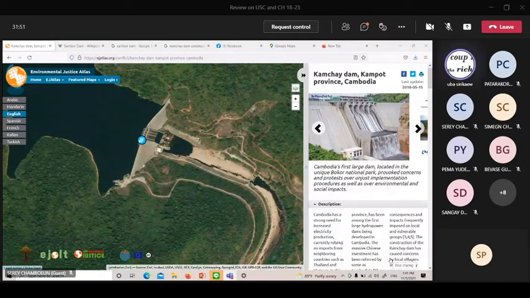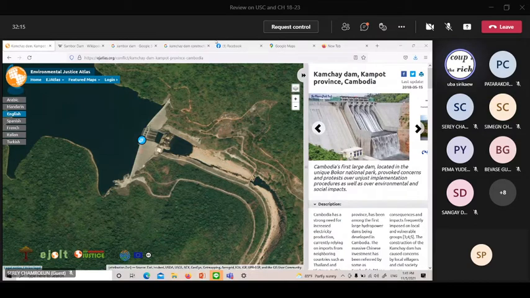Do you know the name of the dam that your friend showed you? Yes, I know, teacher. Kamche, in Kampot province. And do you know what material they used for construction? I'm not sure about that, teacher, because it's hard to find.